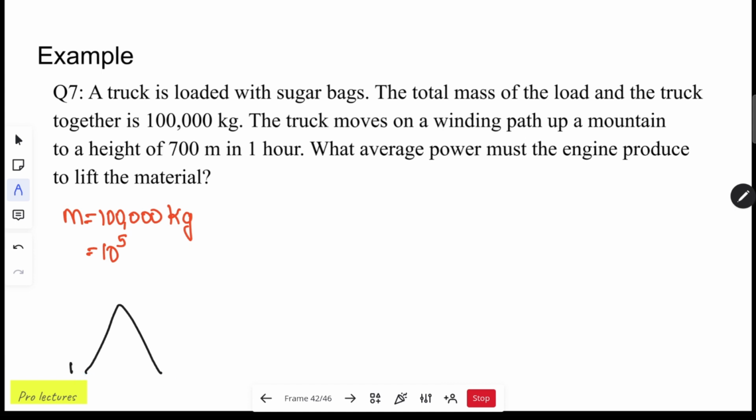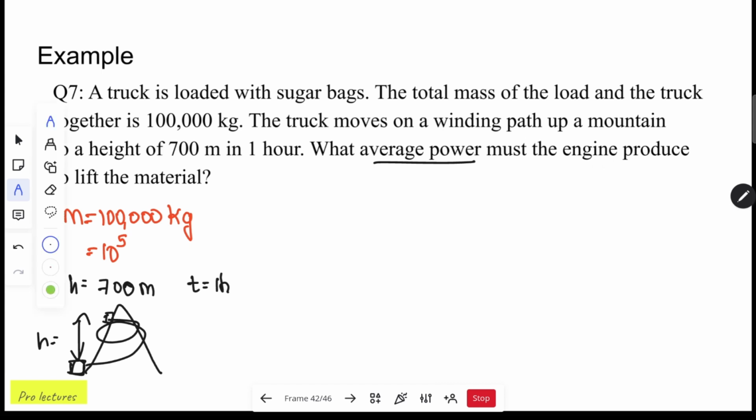So there was a mountain, the truck was here, and it has moved up to here. The height difference is 700 meters. Time taken is 1 hour. What average power must the engine produce to lift the material?